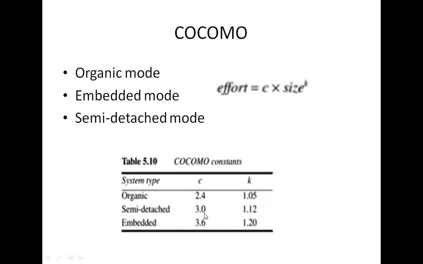For semi-detached mode, C is 3.0 and K is 1.12. For embedded mode, C is 3.6 and K is 1.20. Clear? Tomorrow we will discuss these three modes, organic, embedded and semi-detached, with an example.